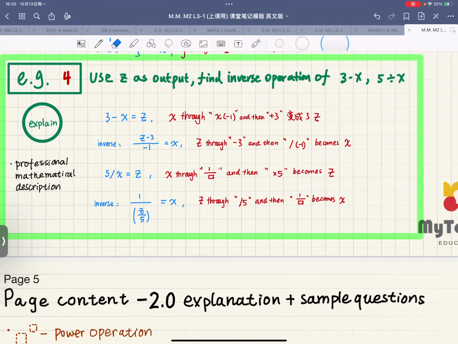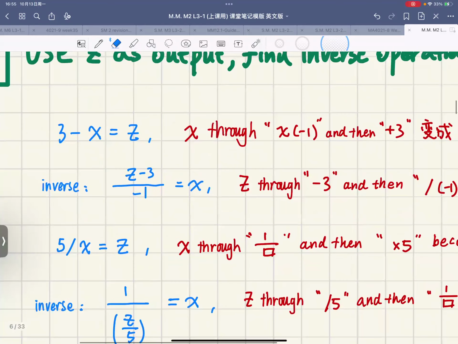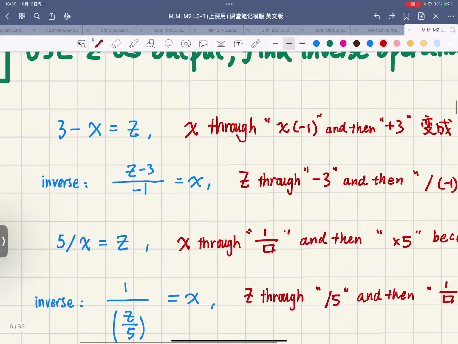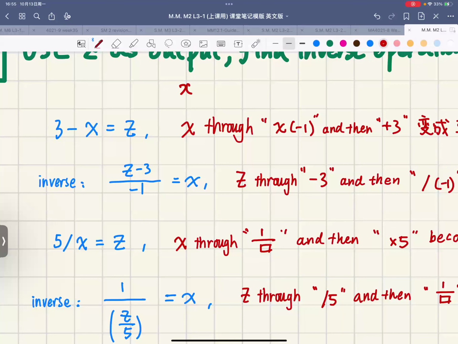Let's go through this example together. Use z as an output to find the inverse operation of 3 minus x and 5 divided by x. Okay. The first one, 3 minus x is equal to z. So x goes through x times minus 1. You have x as your input, but here we have the negative x.